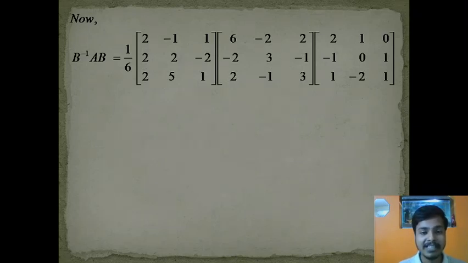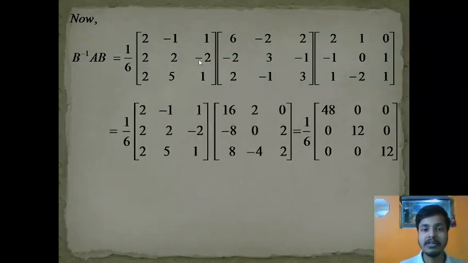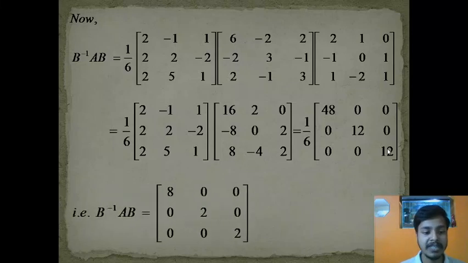I know my answer is the diagonal matrix where the eigenvalues are 8, 2, 2. When you keep the first as it is and multiply these two, you will get this matrix, then apply the matrix multiplication of this matrix and you will get this. Now divide by 6, so 8, 2, 2. So we have B inverse AB. This fulfills the requirement for the given problem.